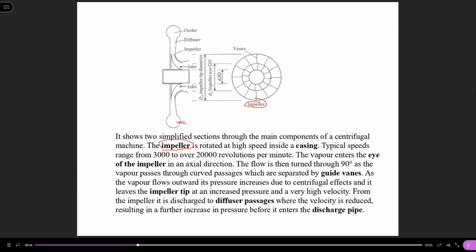Typical speeds run from 3,000 to over 20,000 revolutions per minute. And the vapor enters. It's special because when we look at the pump, we know the inlet is into the eye.